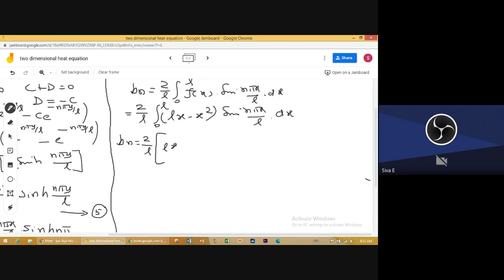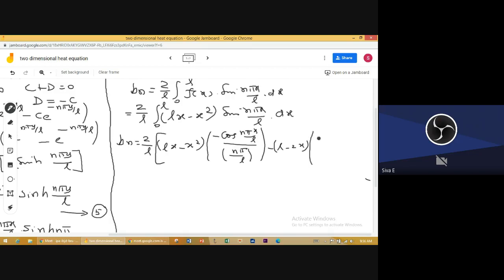First you write u as lx minus x square. v is what? Integration of sine is minus cos n pi x by l divided by n pi by l. Minus, lx minus x square differentiation is l minus 2x.